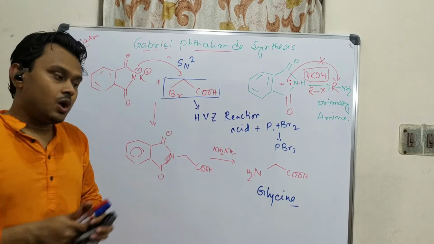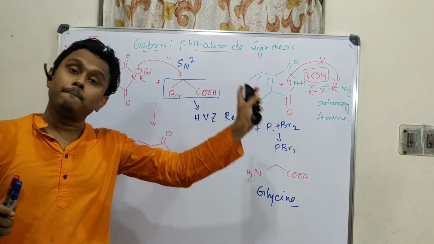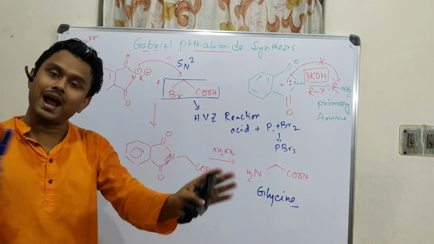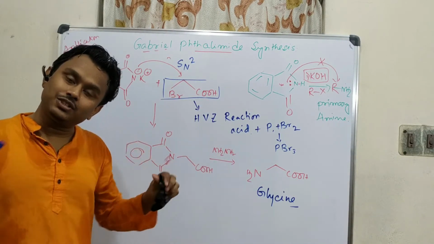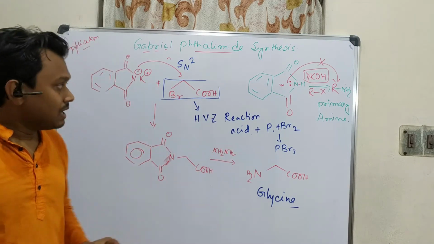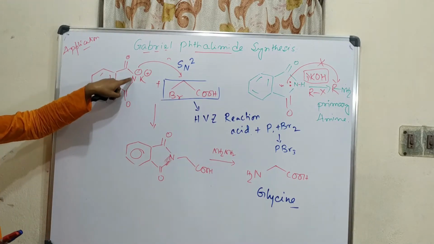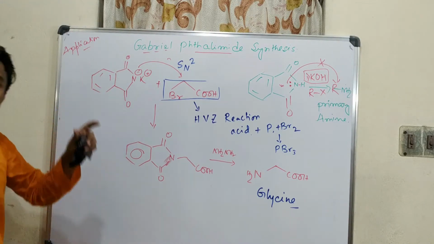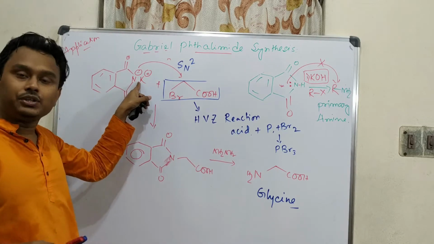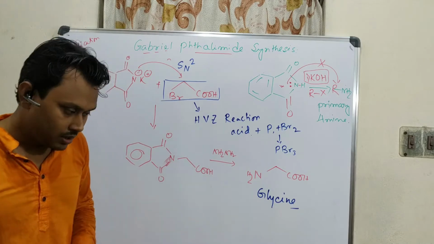So what have we learned today? First, the strategy to prepare selectively primary amine by blocking the two valencies of amine with an electron withdrawing group using this Phthalimide procedure. Second, we learned that attachment of this nitrogen with two carbonyls increases the acidity of that NH significantly, and it becomes acidic like phenol.